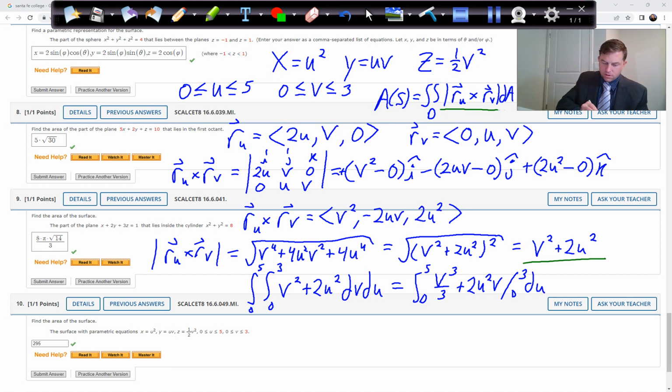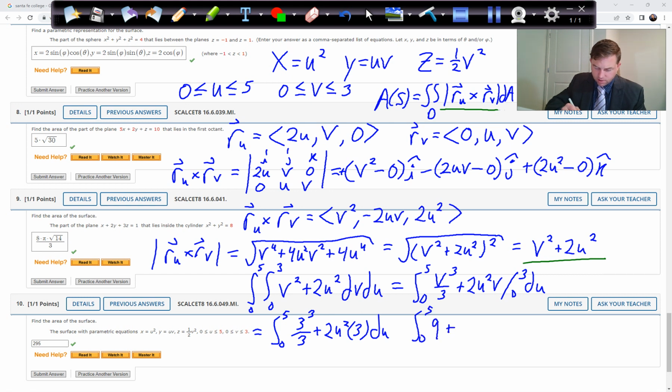du. So that's going to give us 0 to 5 of 3 cubed over 3 plus 2u squared times 3, and then minus 0. The 0 bottom limit will just drop everything away. So this is 27 over 3, which is just 9. So this is the antiderivative from 0 to 5 of 9 plus 6u squared du, which equals 9u plus 6u cubed over 3 from 0 to 5.